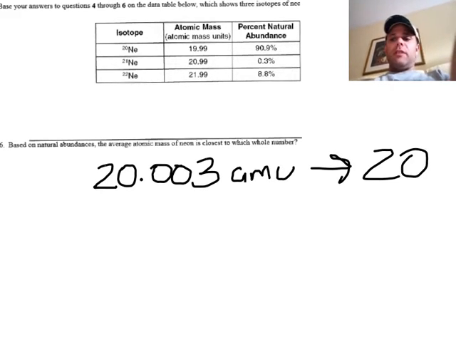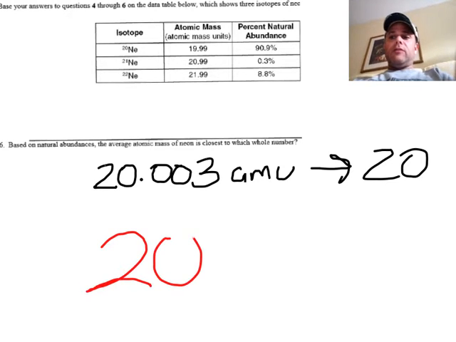But you could also just inspect the data. If 90.9% of that mass comes from neon 20, chances are it's going to significantly impact the final results. It's weighted heavily towards the neon 20. So that too brings you towards your answer. The closest whole number is 20.